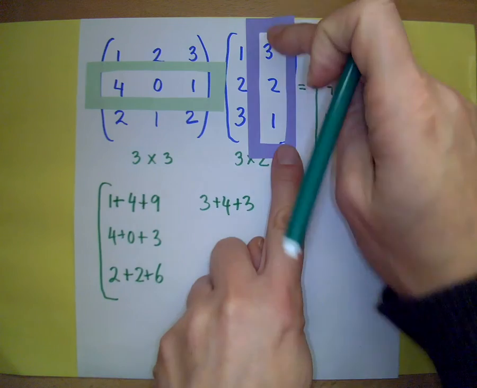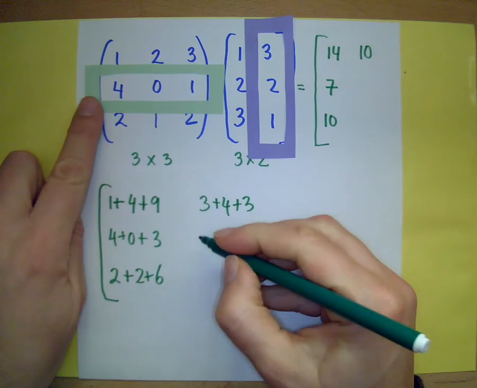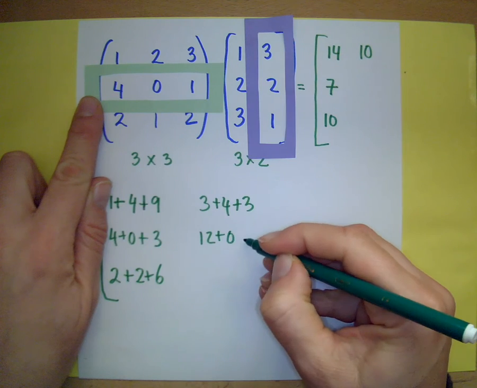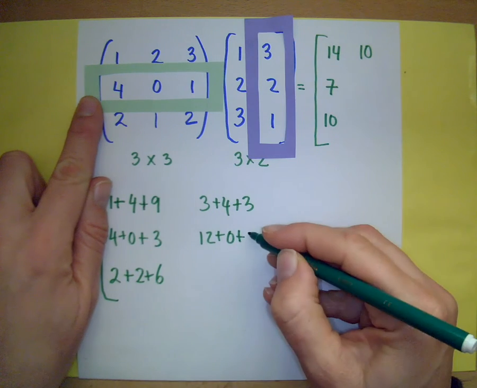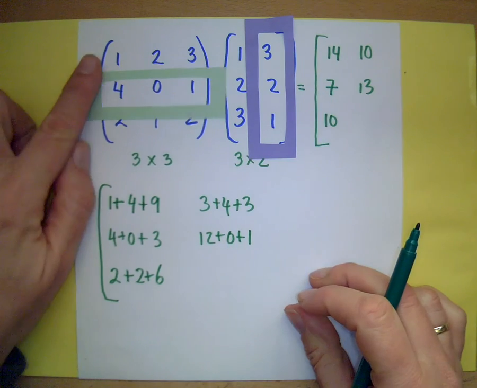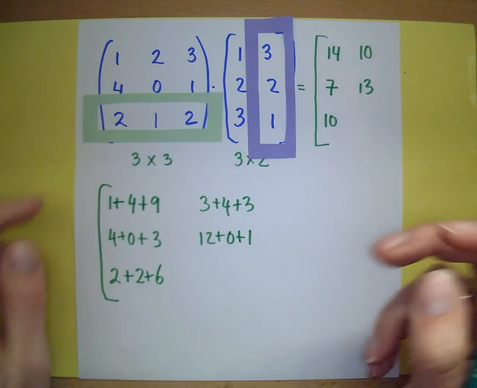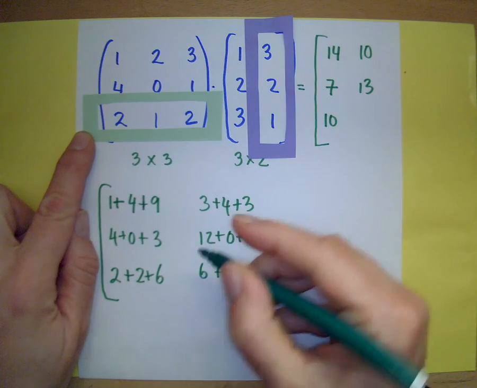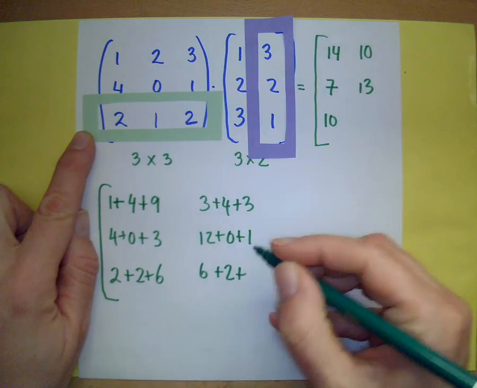Second row, second column. 4 times 3 is 12. Plus 0 times 2 is 0. 1 times 1 is 1. These added up are 13. Next row, still on the second column. 2 times 3 is 6. 1 times 2 is 2. 2 times 1 is 2.